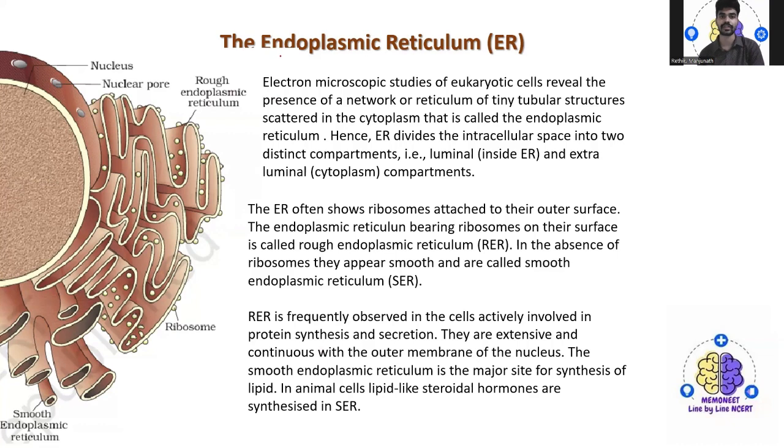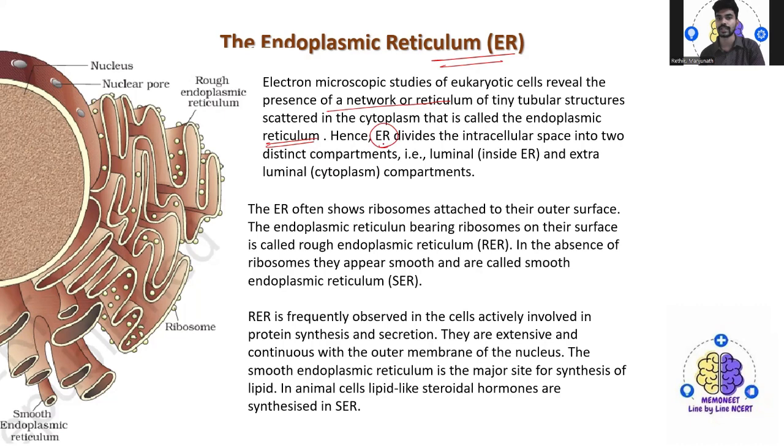So the next topic is the endoplasmic reticulum. When you study any eukaryotic cells under the electron microscope, you will see the presence of a network or reticulum of tiny tubule-like structures scattered in the cytoplasm. We normally call them the endoplasmic reticulum.